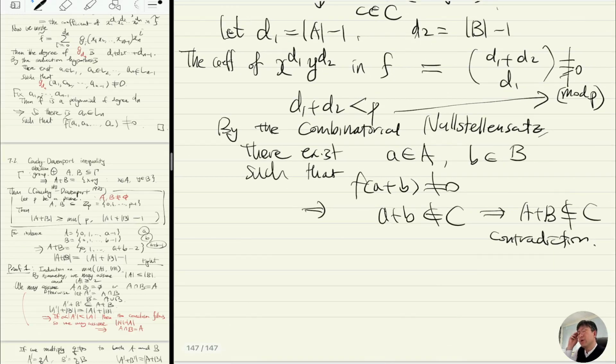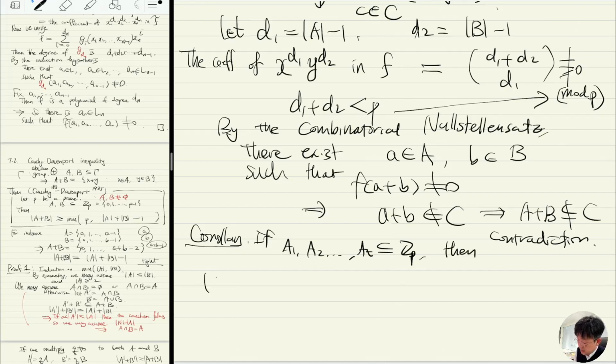Now, one advantage of this proof is that you can actually easily generalize. I don't know, maybe one can generalize the induction proof, but here you can generalize to this corollary. If A1, A2, ..., At are subsets of Z_p, then the size of their sum is at least the minimum of p and the sum of |Ai| minus (t minus 1).